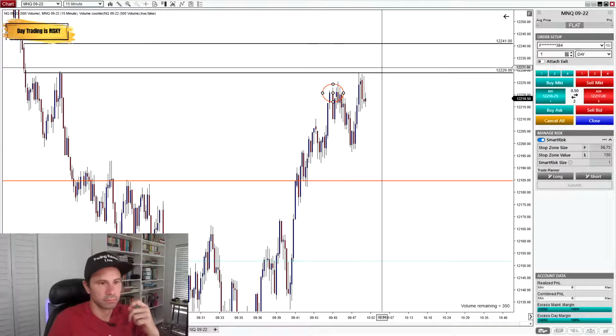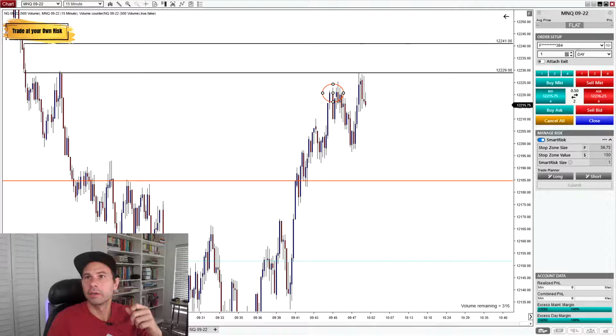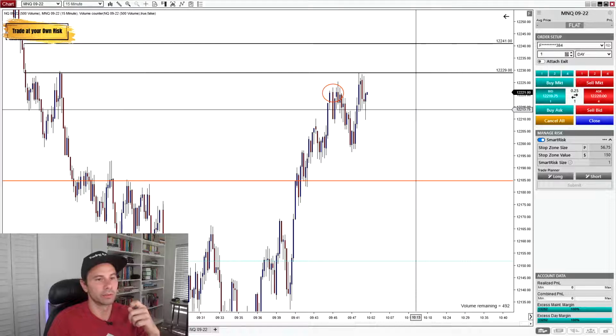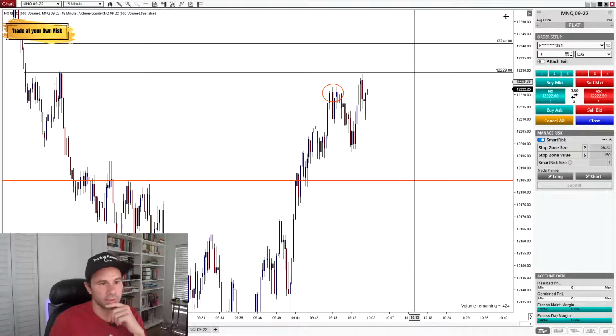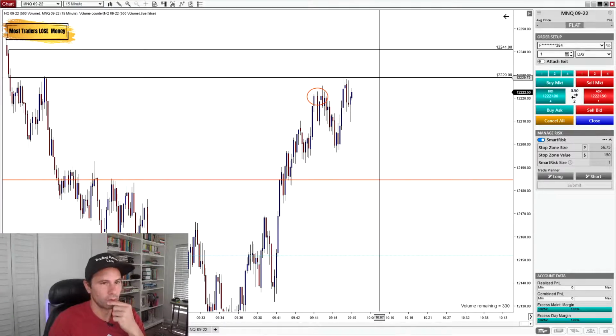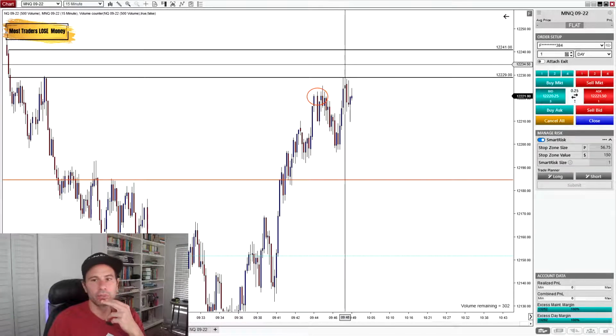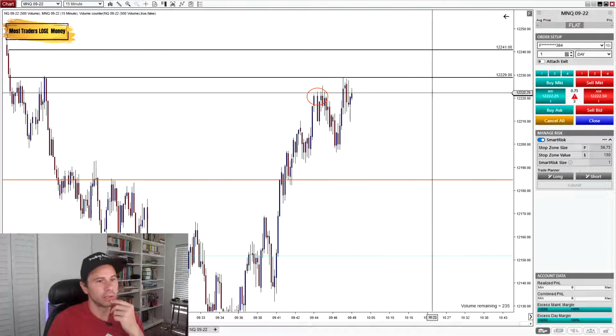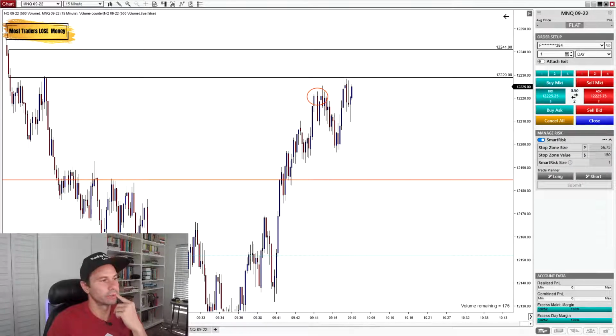Now I created a new high here, but the tick chart hasn't created a new high, so that's a good sign. If we break to the upside, I will still look for a short trade until the tick chart just breaks to the upside.